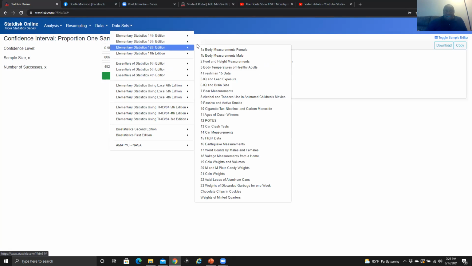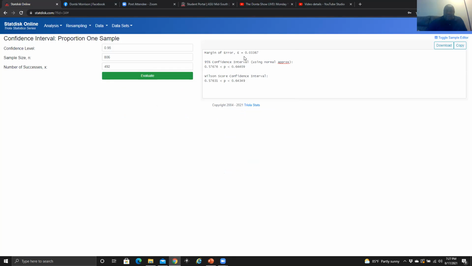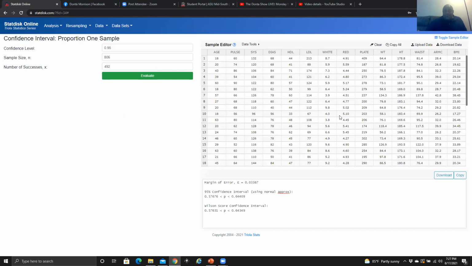Now you're going to see two things: body measurements for female and body measurements for male. We're going to start with the male, which is going to be 1B, body measurements for male. Click on that because that's part of part A in this case. Okay, so here's our BMI, which is right here.